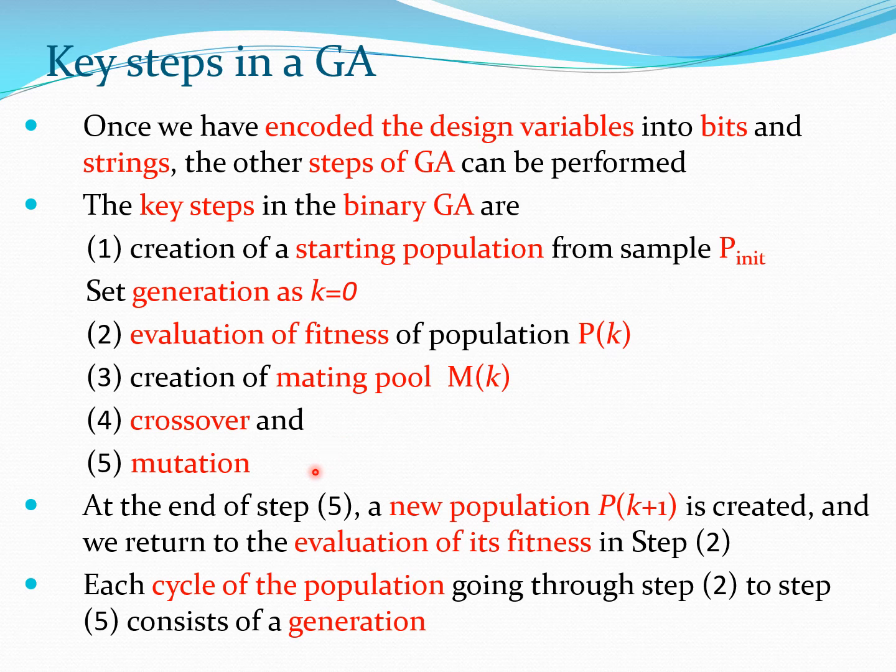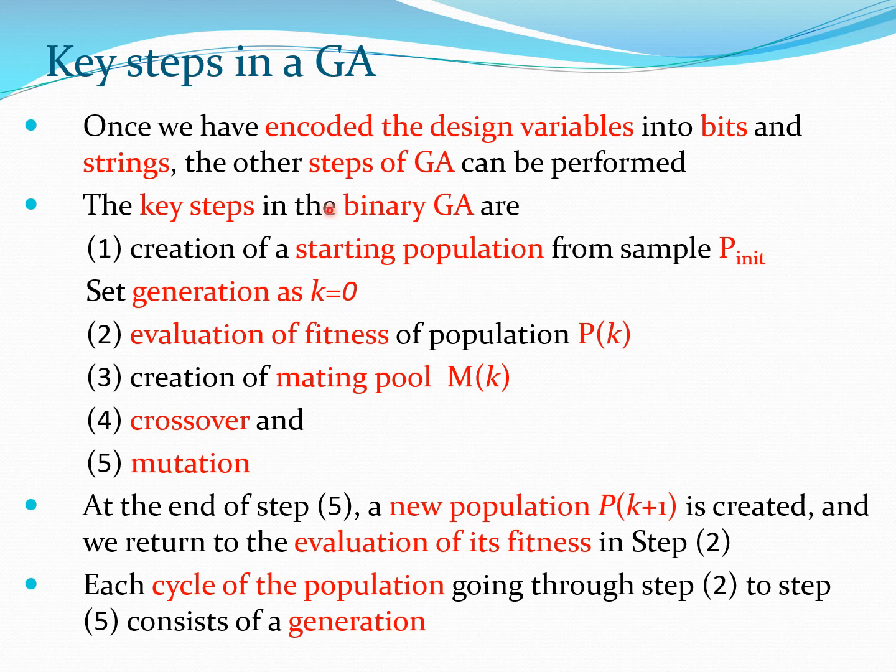Then you also do some mutation, and mutation is a process by which you randomly change parts of the genetic material or parts of the bits of the different strings. And at the end of this process, a new population has been created. We will call it P_(K+1). And then you need to find out what is the fitness of this population, return to step 2 and continue this process till your process gets terminated.